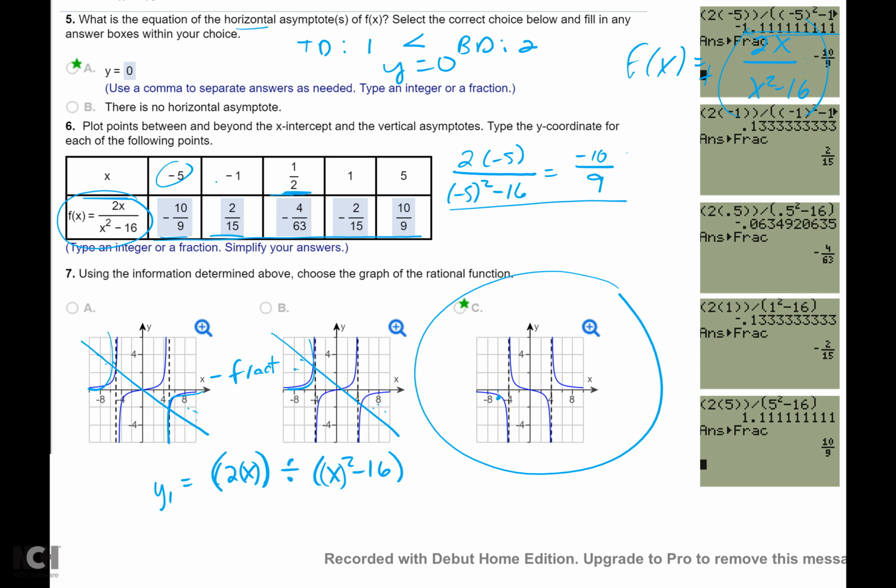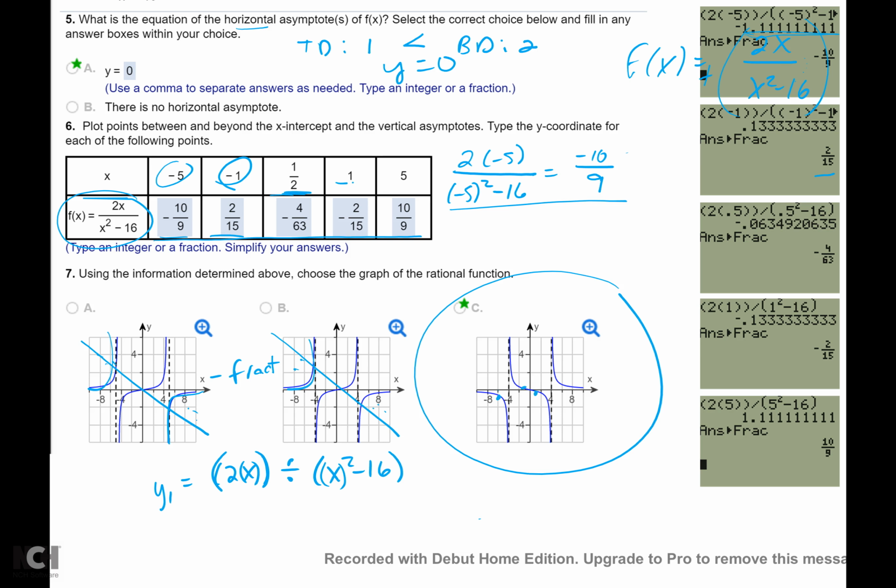Okay, when I plug in -1, I got 2/15, which is 0.133. So at -1 over here, I get 0.133, which is barely above, yeah? And then we plugged in 0.5, and we got -4/63, which is -0.06. So at 0.5, it's negative down here a little bit.